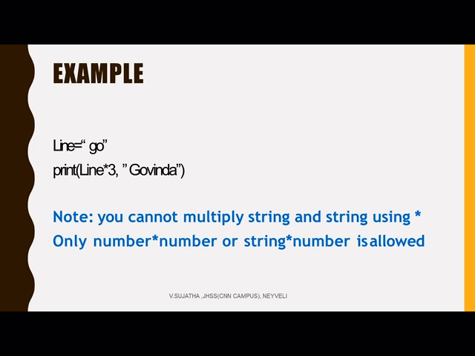Okay. Then we'll move on to the asterisk symbol, the repetition operator. Here I have given the example as line equal to go. Then print line into 3, comma Govinda. Here the line is go into 3, meaning 3 times the go will be printed. Then after that Govinda will be printed. So now what is the answer?